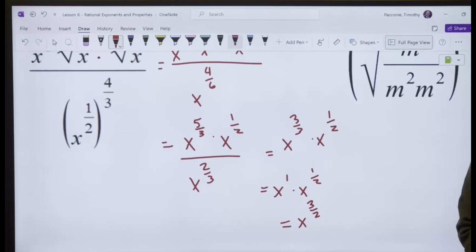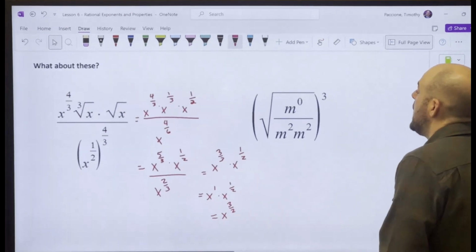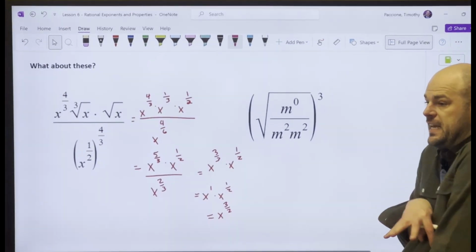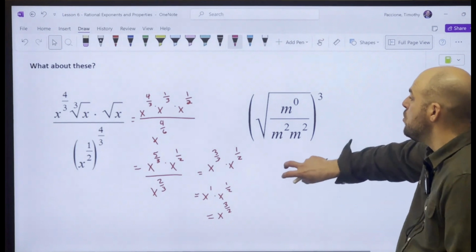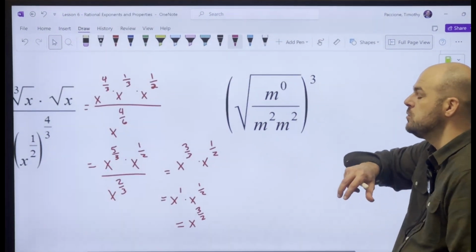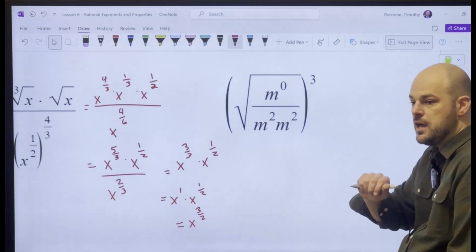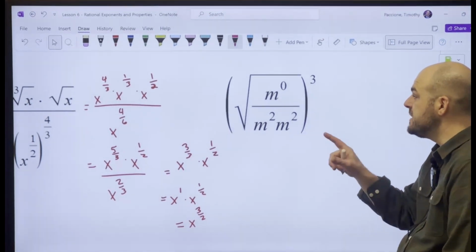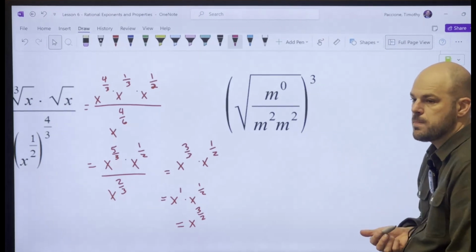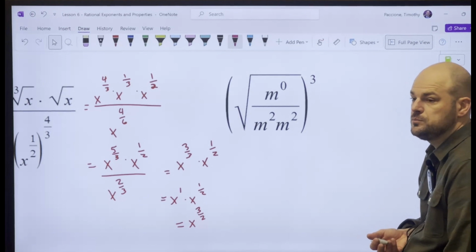And the last one, I'll help you set up. Now, again, I can't work with a radical and exponents at the same time. So what I'm going to do is change whatever I see as a radical to its fractional exponent. What's the only radical I see here? The only radical? It's a giant what?